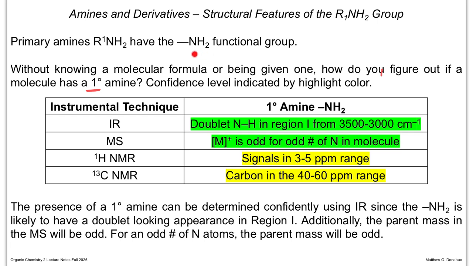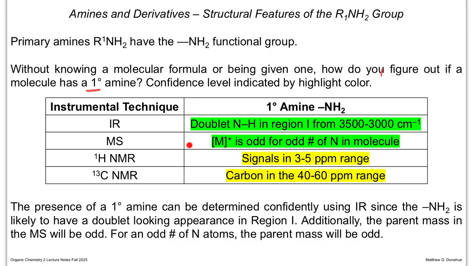For a primary amine that has NH2, I would say most of the time in that region, because there are 2 hydrogens, you're going to see a little doublet looking thing that indicates it's a primary amine.